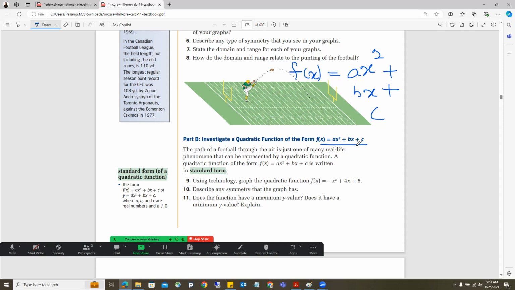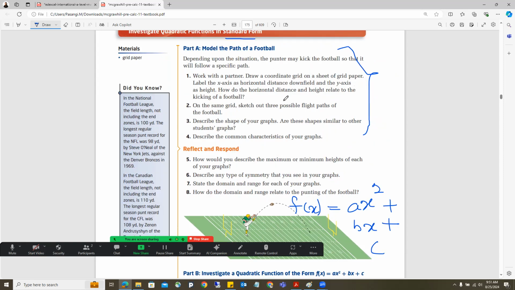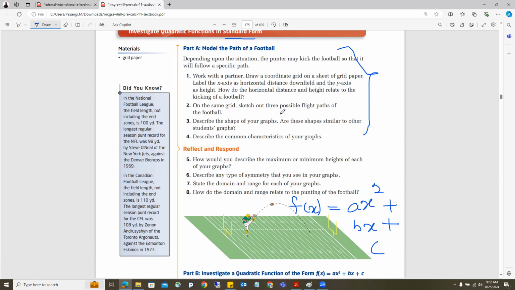Now what will happen? So the path of a football. First you just read these two. Depending upon the situation, the punter may kick the football so that it will follow a specific path. Work with a partner, draw a coordinate grid on a sheet of grid paper, label the x-axis as horizontal distance downfield, and the y-axis as height.